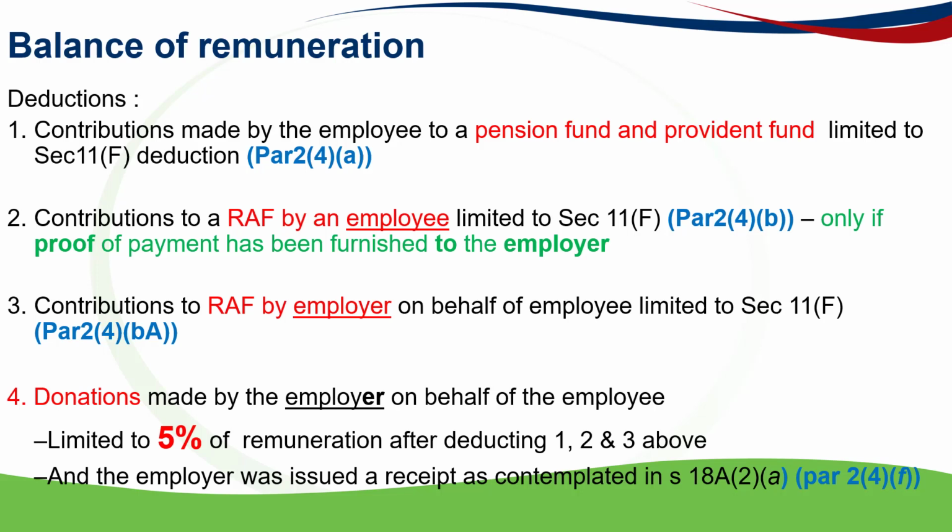The last deduction is any donations made by the employer on behalf of the employee, limited to 5% of the remuneration after deducting retirement fund contributions, and the employer must have been issued with a receipt as contemplated in Section 18A. So meaning this deduction is only available if the employer made a donation to a public benefit organization, your PBO.